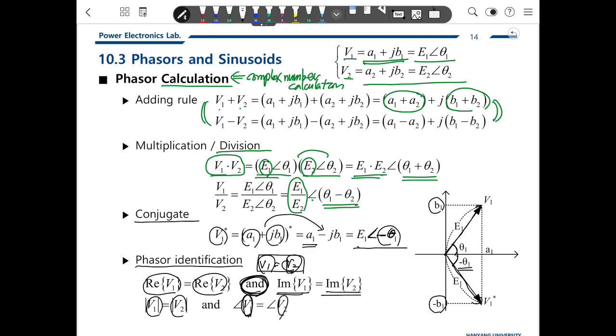Then you can say the two complex numbers are the same.